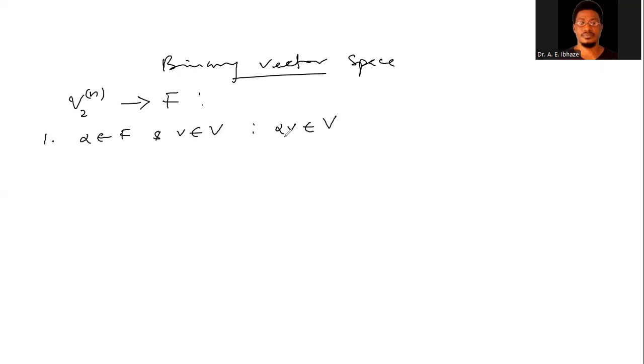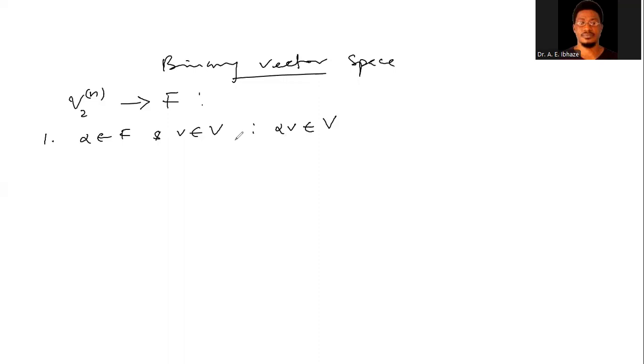Because the binary vector space has been mapped to the finite field. Okay? So should we have a scalar, for instance, in the finite field, multiplying an element in the binary field, whatsoever we get must be an element in the vector space.